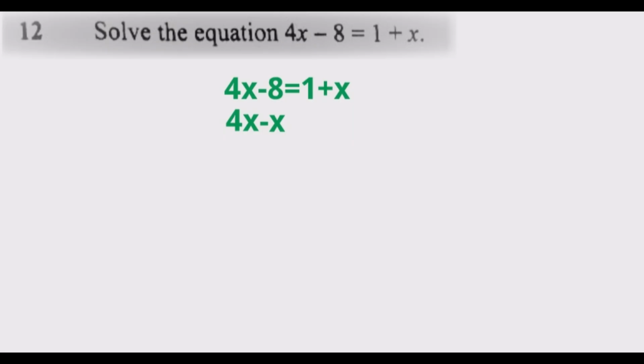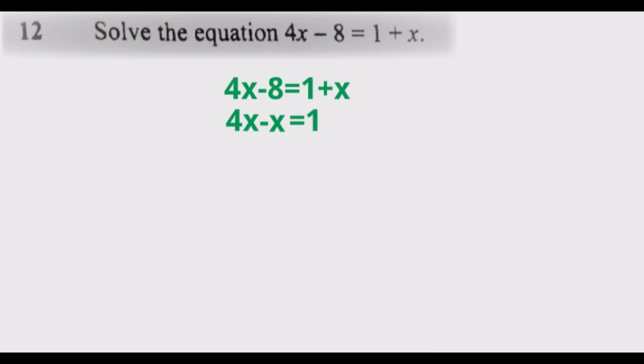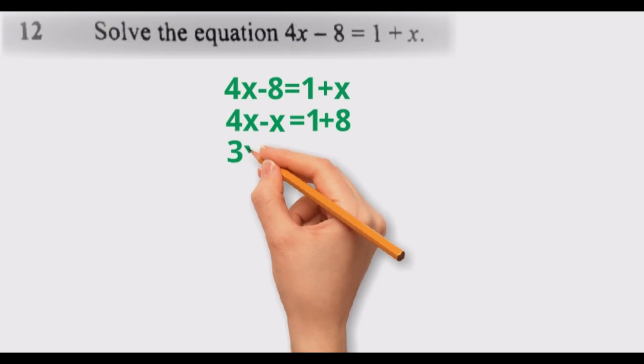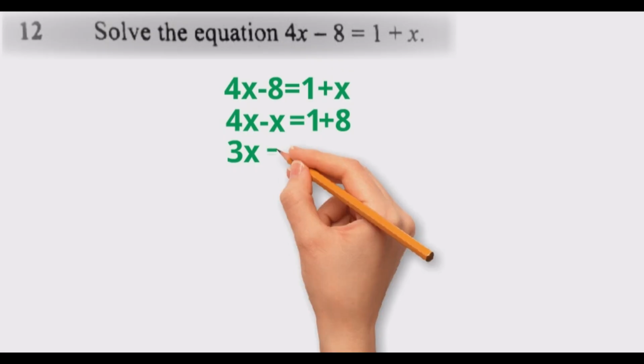X has changed its sign because it has crossed the equal sign. Then is equal to 1. Then -8 will cross the equal sign and become positive 8, so I have 1 plus 8. Next I evaluate that expression. 4x minus x gives me 3x, which is equal to 1 plus 8, which gives me 9.